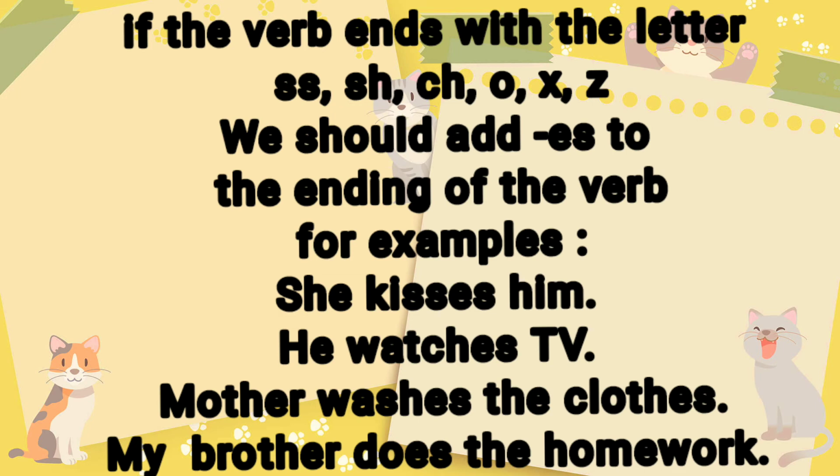If the verb ends with the letter ss, sh, ch, o, x, and z, for example, kiss, she kisses him. Watch, he watches TV. Mother washes the clothes. My brother does the homework.